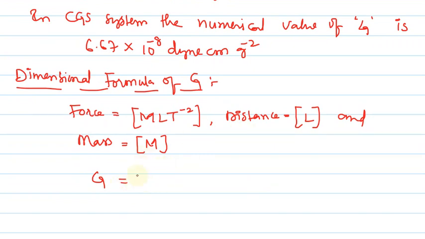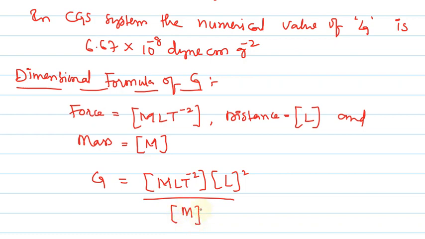G is F d square by m1 into m2, right? So here the force dimensional formula is M L T to the power minus 2, and the distance formula is d square, so we can write L square upon mass m1 into m2, so M to the power 2.